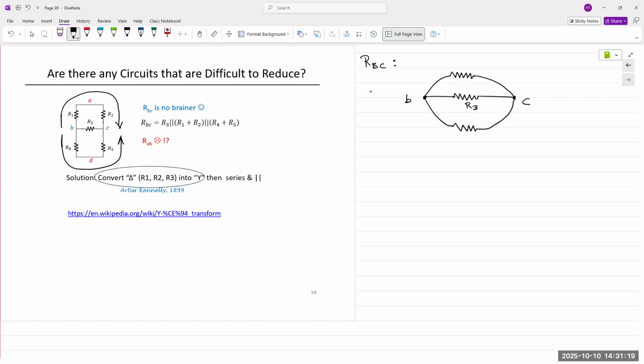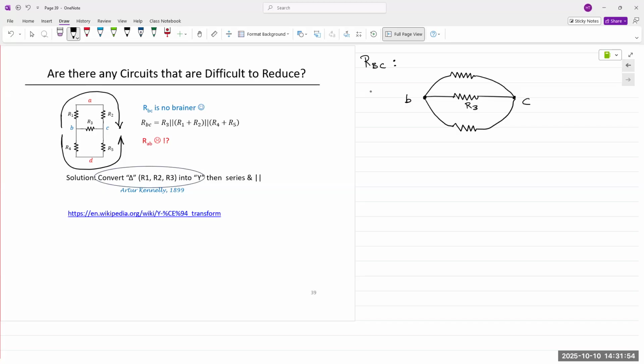So what can we say about the resistors on the top, R1 and R2? They are absolutely in series because they're connected only at a single node at A, and there are no more than 2 connections at that node. If you have more than 2 connections at a node, that means they are no longer in series. But R1 and R2 are only connected at A, and there are no more than 2 connections.